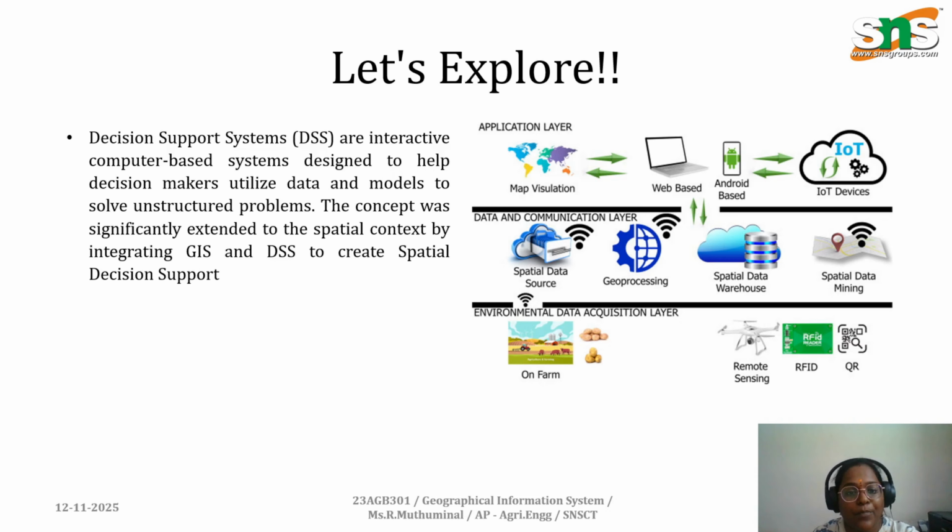So the decision support system usually provides a framework for integrating database management system, analytical models, and graphics in order to improve the decision making process. The decision support system concept was extended to the spatial context by integrating GIS into spatial decision support system.